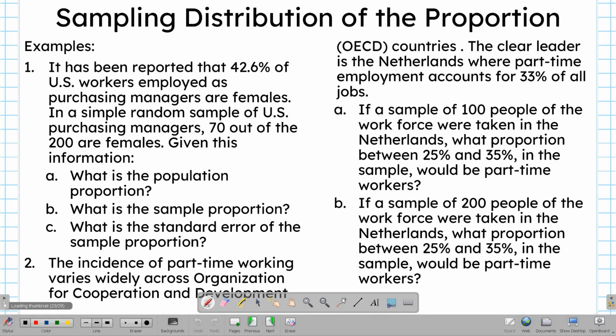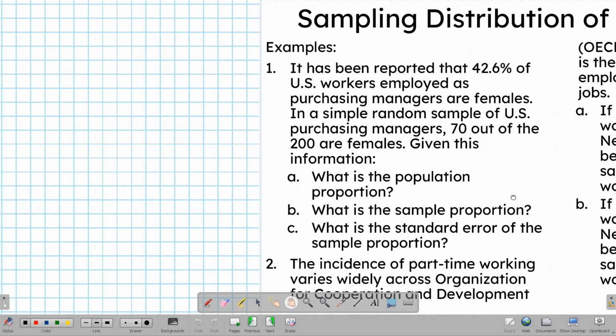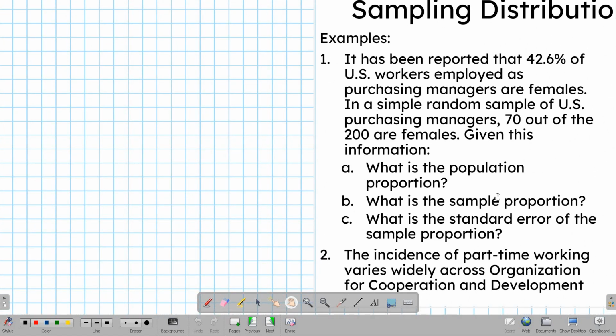So let's have a specific example. In number 1, it has been reported that 42.6% of U.S. workers employed as purchasing managers are females. In a simple random sample of U.S. purchasing managers, 70 out of 200 are females.